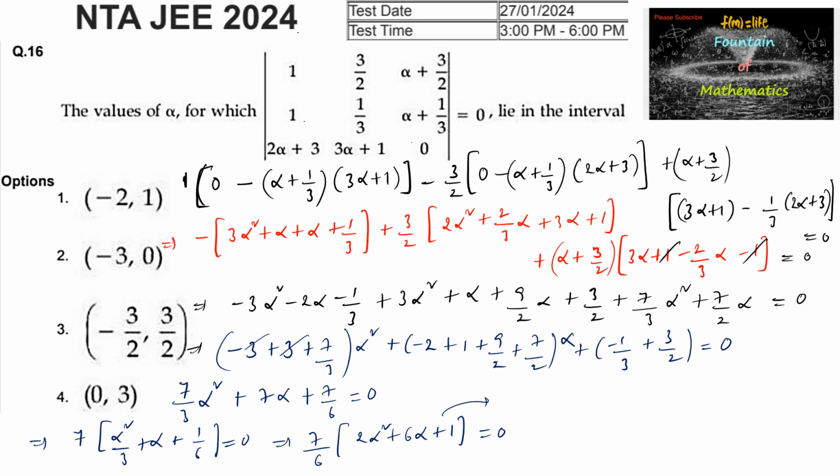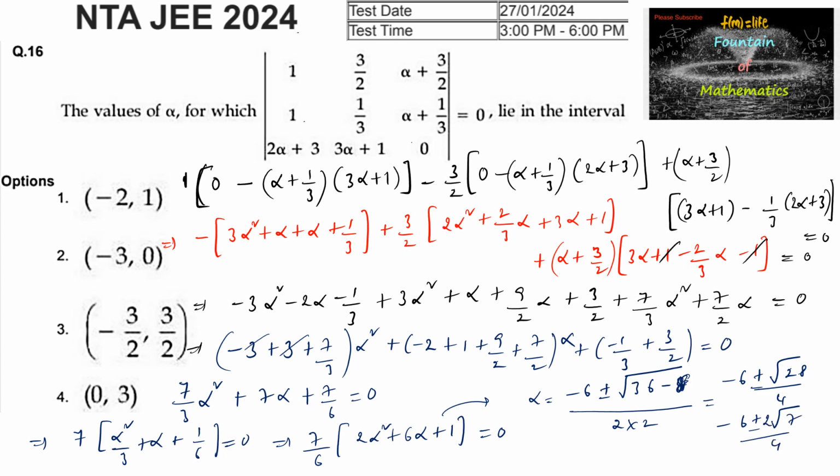So let us factorize this. Alpha is equal to minus b plus or minus under root b square minus 4 into a c, 2 into 1, 4 into 2, that is 8, divided by 2 into 2, 4, which is minus 6 plus or minus under root of 28 divided by 4, or we can write minus 6 plus or minus root 28, we can write it as 2 root 7 by 4, or we can say here minus 3 plus or minus root 7 divided by 2.